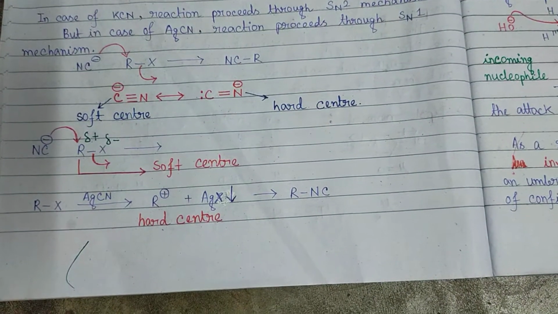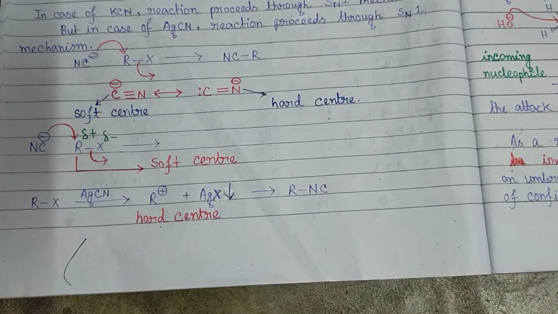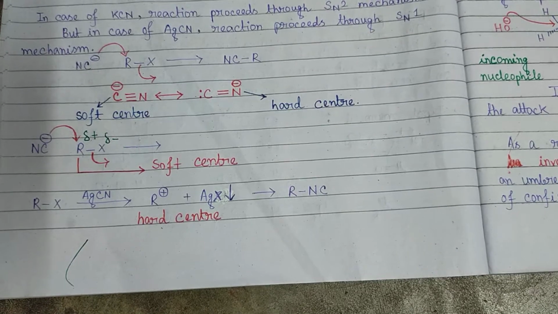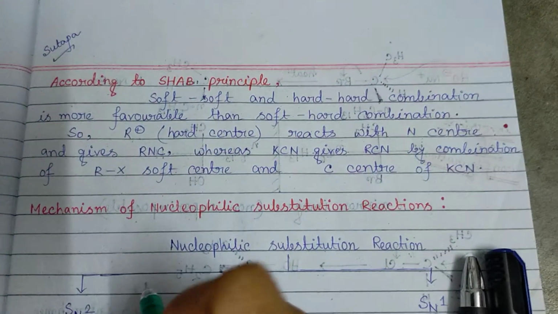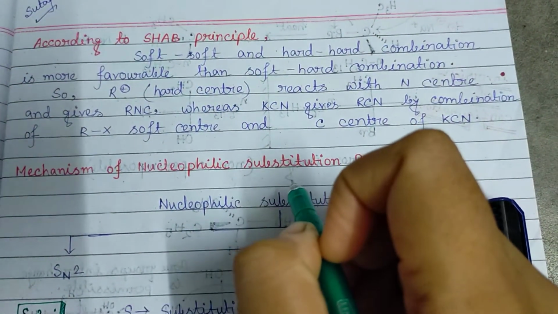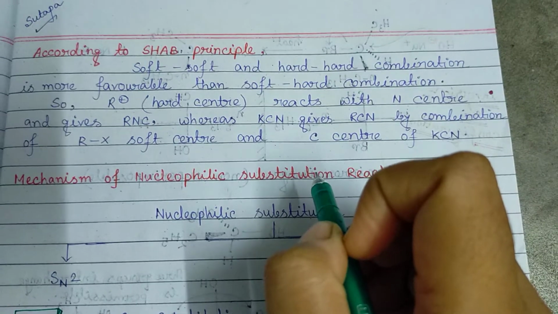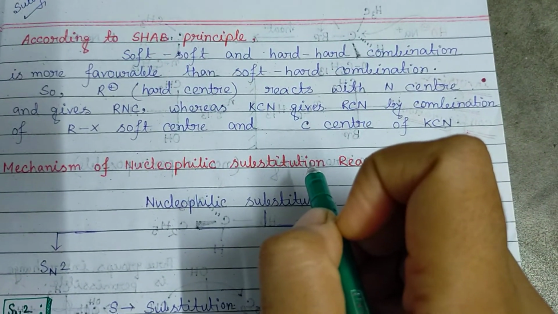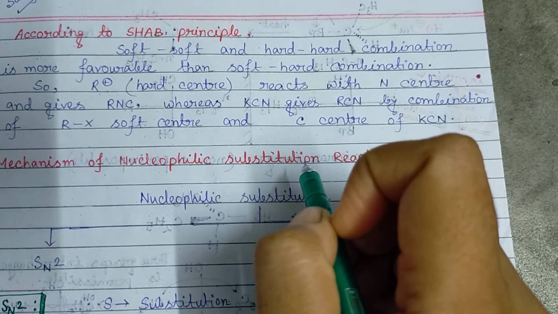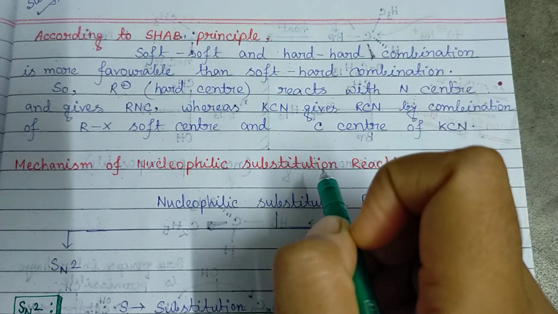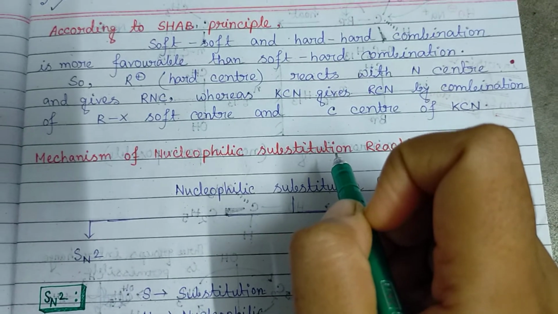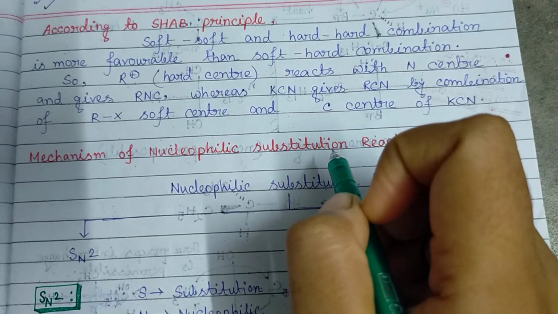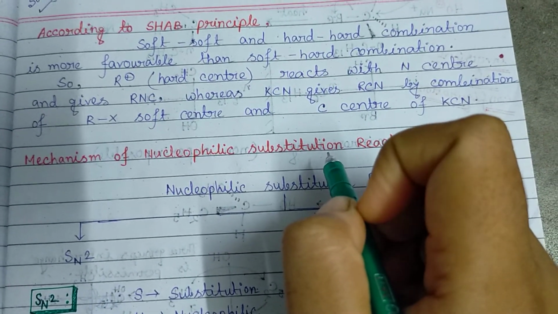So the product can be explained by both the mechanism and the soft hard acid base principle, which is called the SHAB principle. This is a very important question from this part, and this is all about the introduction to nucleophilic substitution reaction in case of alkyl halide. In the next video we will explain the different types of nucleophilic substitution reaction.